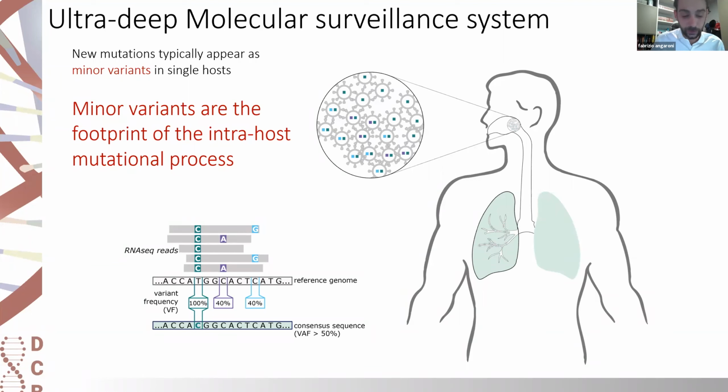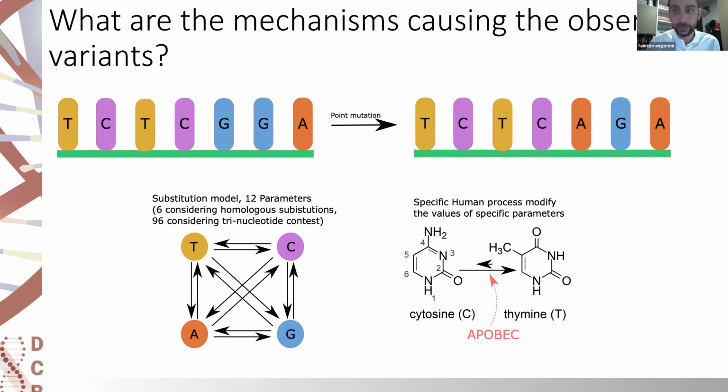To analyze this kind of footprint: what are the mechanisms that are causing the observed variants? For example, here we have a G that has a transition to A. It is a single nucleotide mutation, and we know that it could be represented with a substitution model, where we have the transition rates between the various nucleotides, and we can measure them empirically.